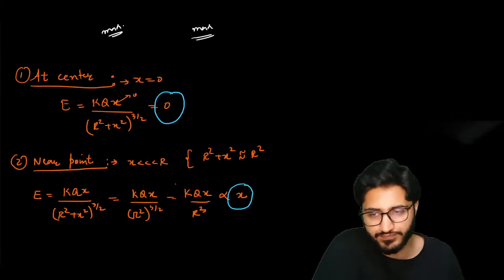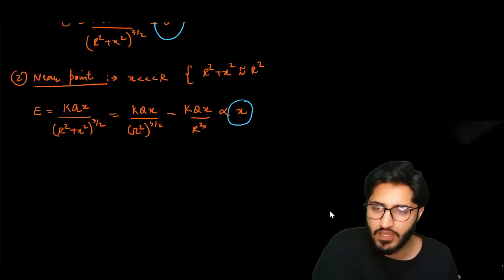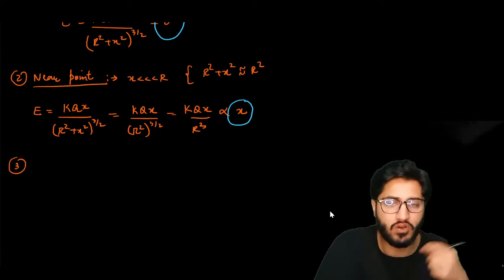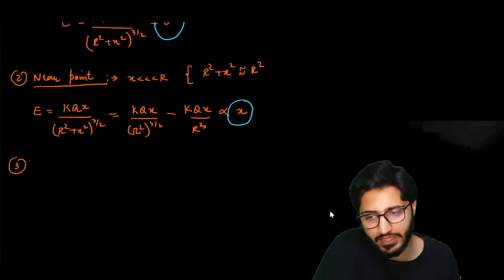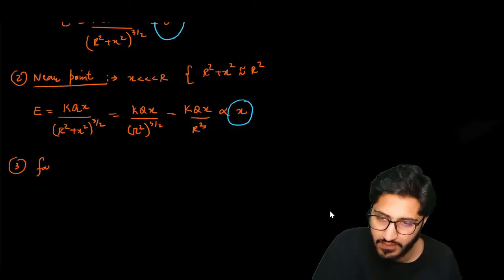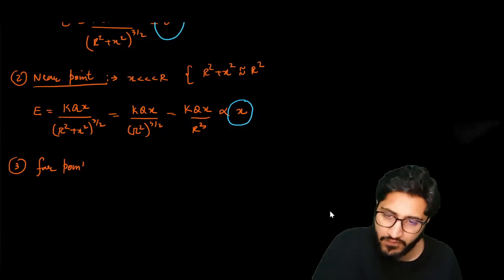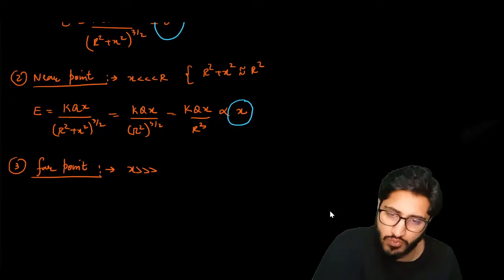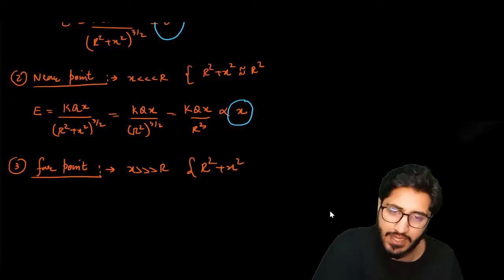Now the third point. If you go beyond it, beyond means if my x is more than r, far point. Far point simply indicates that x is more than r. So r square plus x square is approximately equal to x square only.